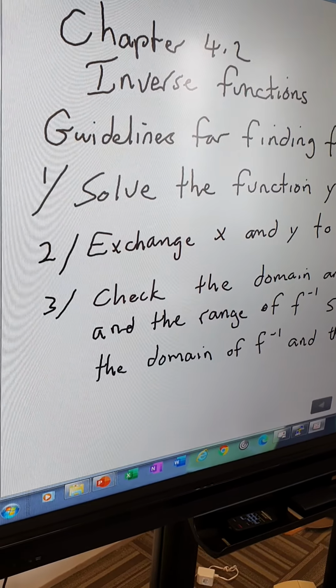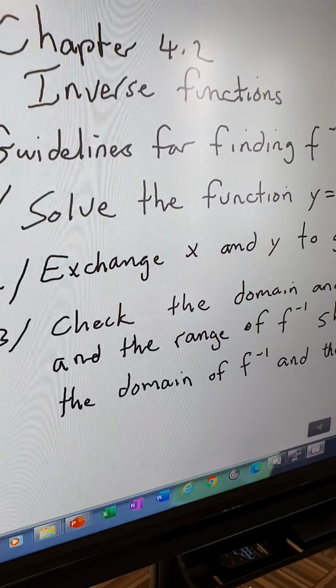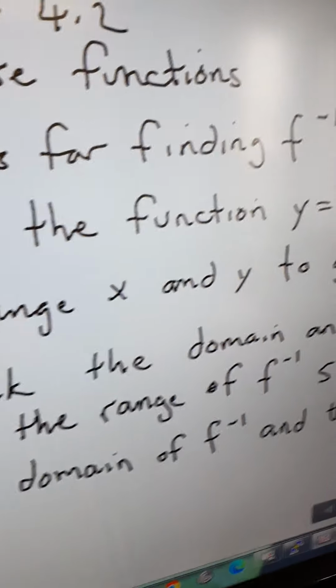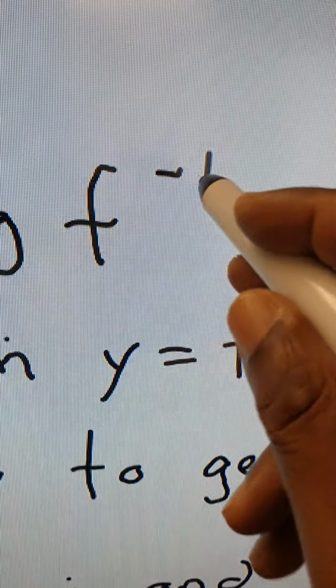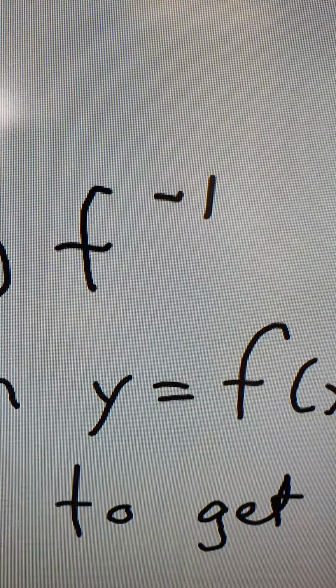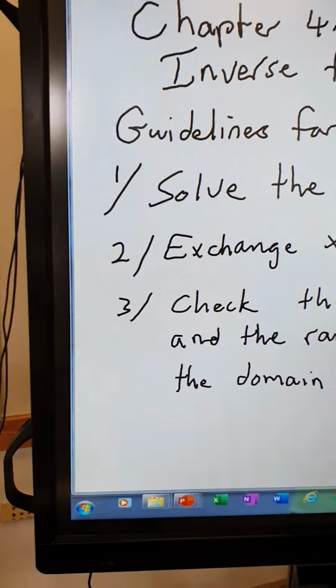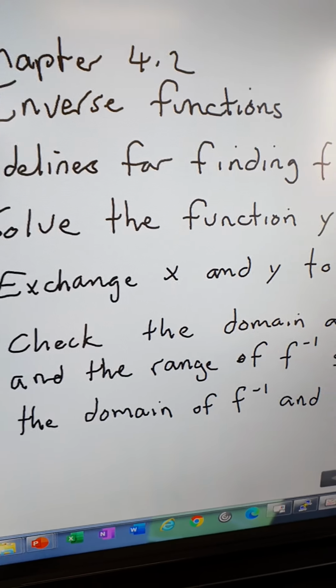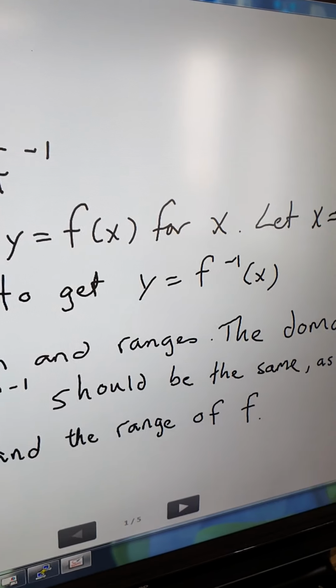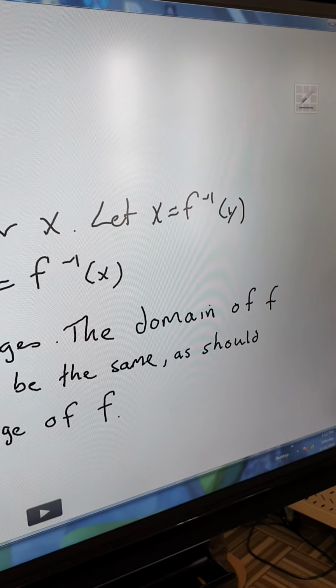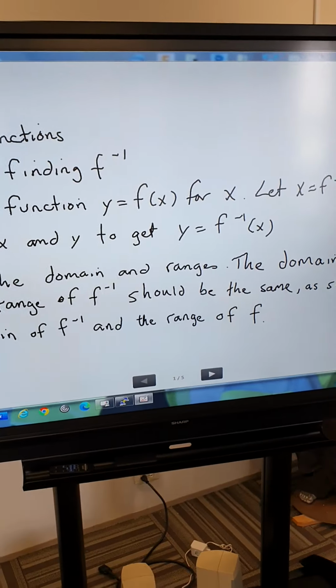And we have guidelines for finding the inverse function, which is designated f⁻¹. It's not f raised to the negative 1, that's your designation for f inverse. Guideline number 1: Solve the function y equals f(x) for x. Let x equal f inverse of y.